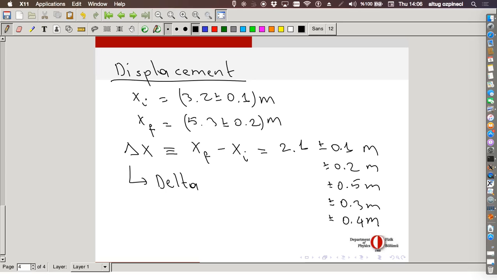Which one is the correct answer and why? Why? Well, that's the correct answer, but the why is also important. Why do you add the uncertainty? So it's the maximum value. Of what?